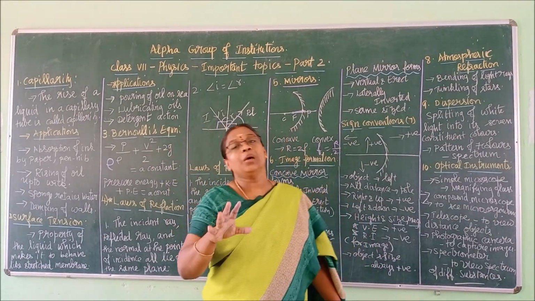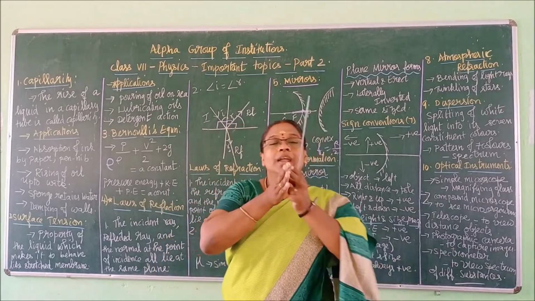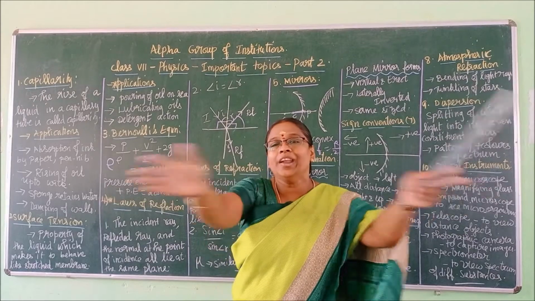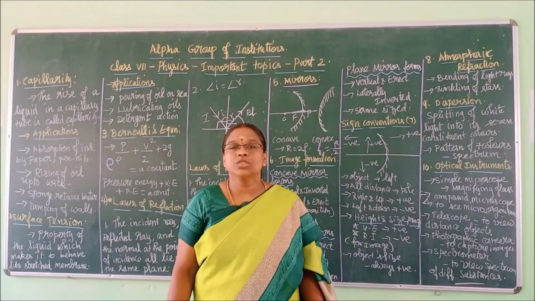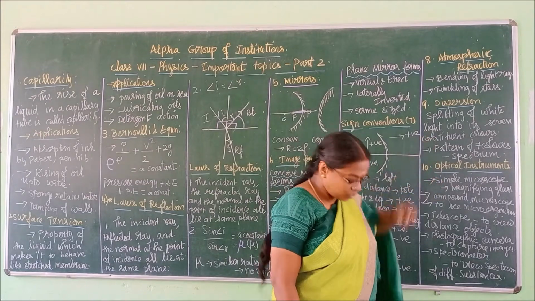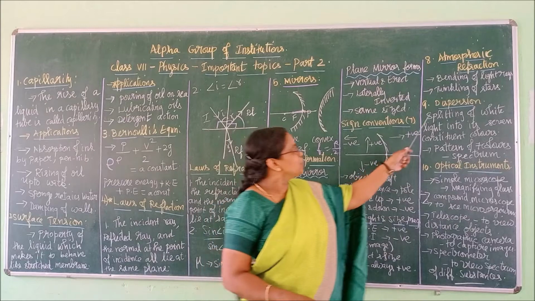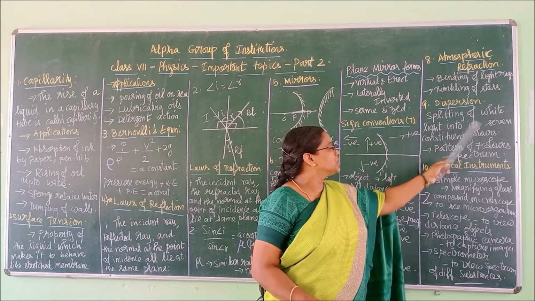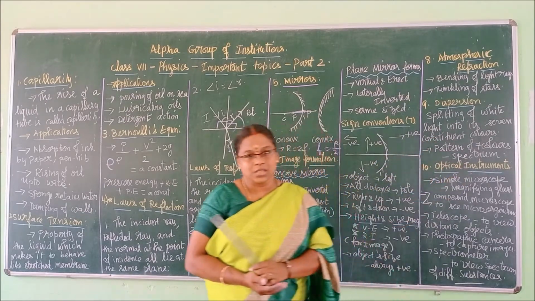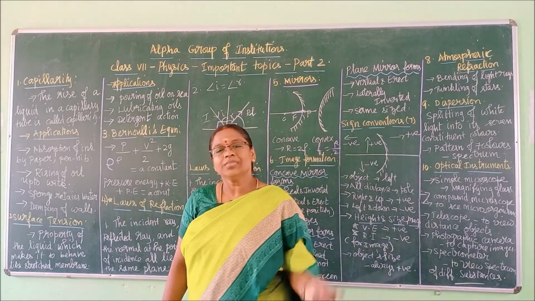So that process of white light, that is sunlight, getting divided into seven constituent VIBGYOR colors is called dispersion. What is that, children? Dispersion. Right? Splitting of white light into its seven constituent colors, that process is called dispersion.